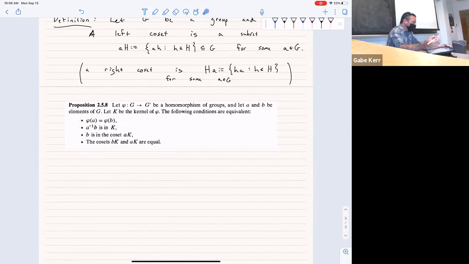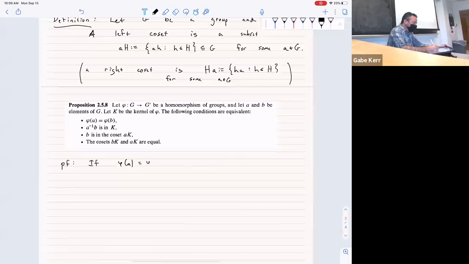The following are equivalent: they're sent to the same element; A inverse B is in the kernel of phi; B is in the coset A times the kernel; and the cosets B times the kernel and A times the kernel are equal. These are all equivalent properties. Again, I won't prove them all, but let's just prove the first implication.